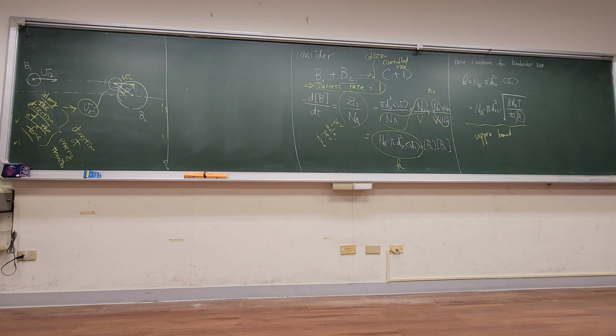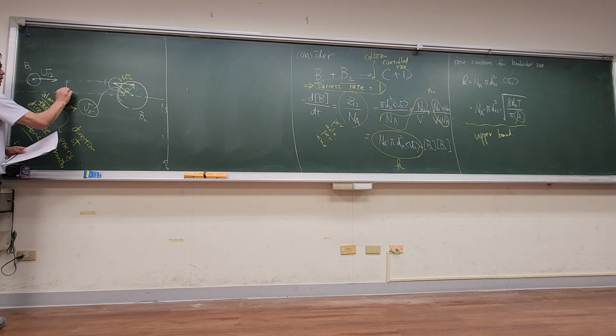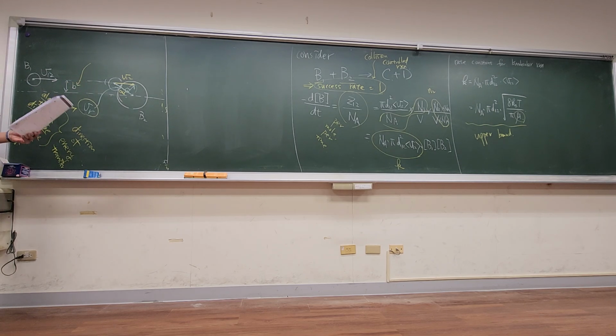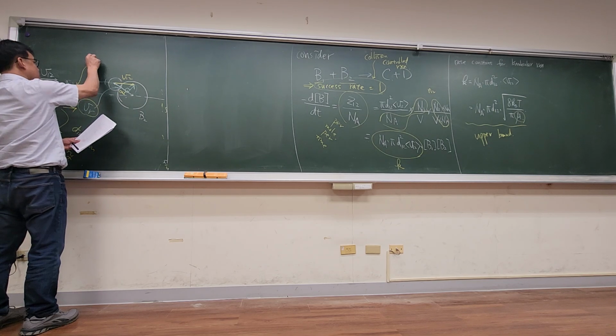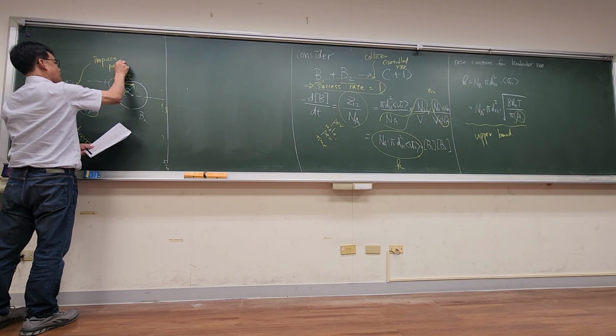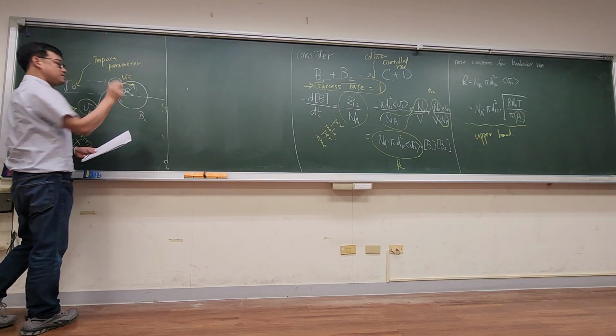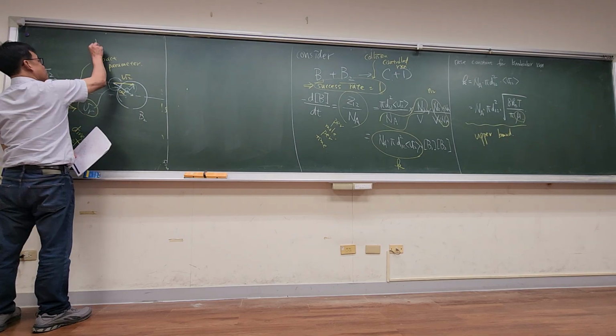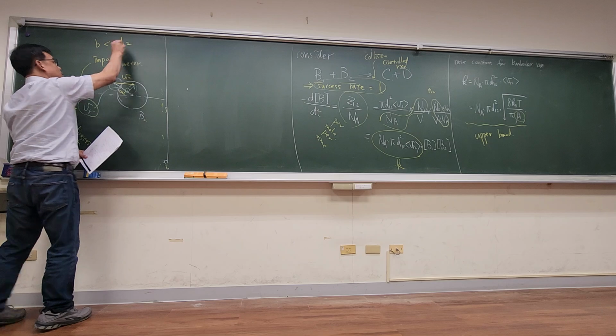In this collision situation, normally we define another parameter here called B. B parameter is called impact parameter. And its maximum is D12. So this B must be smaller than D12.